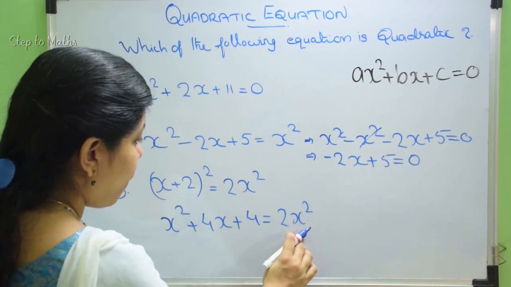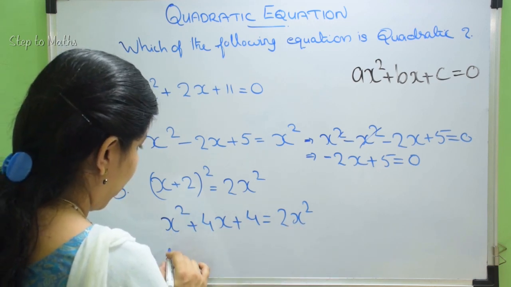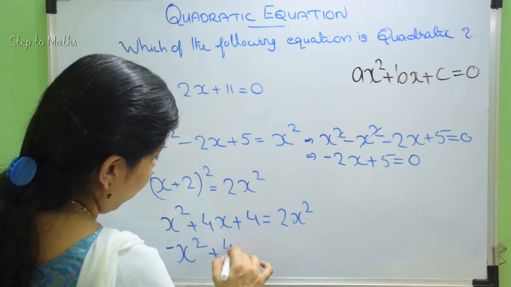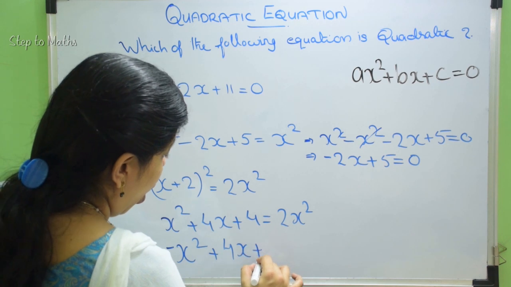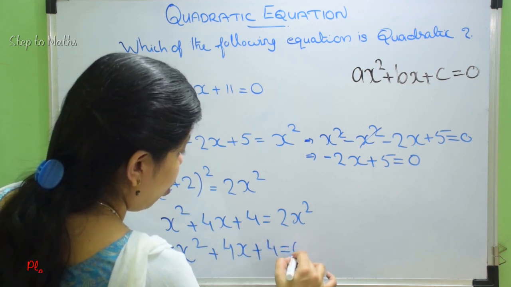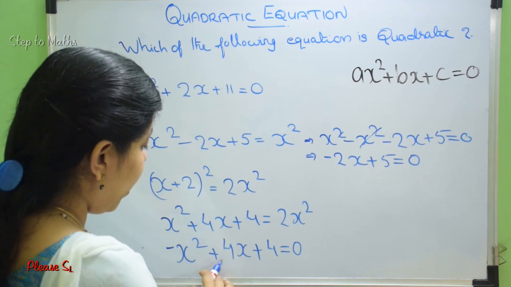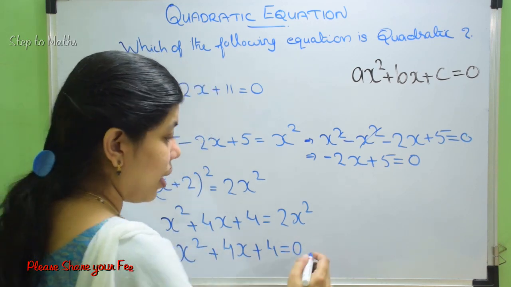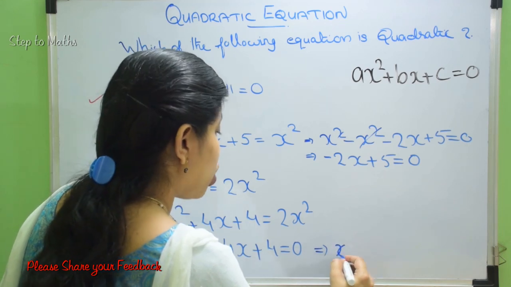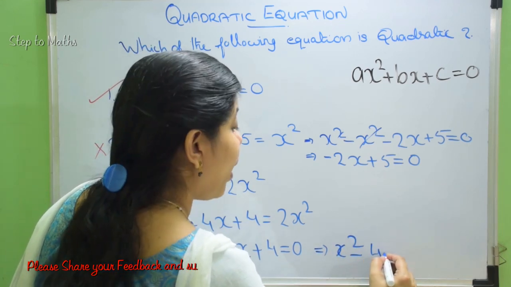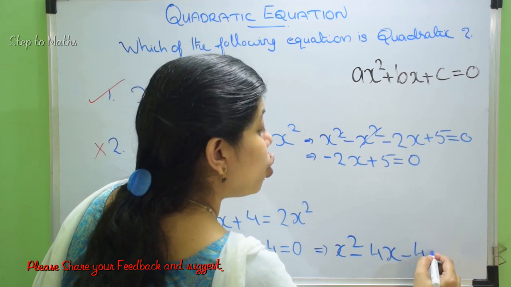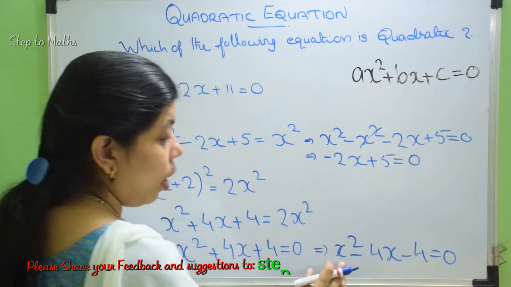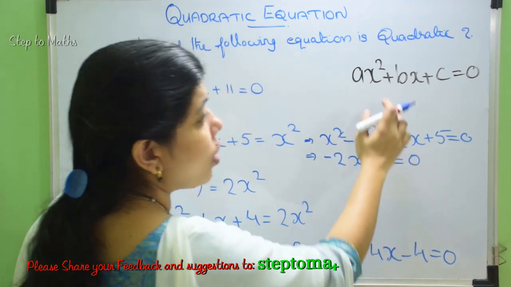x square minus 2x square. It becomes minus x square plus 4x plus 4 equal to 0. If we multiply it with minus, then it becomes x square minus 4x minus 4 equal to 0.